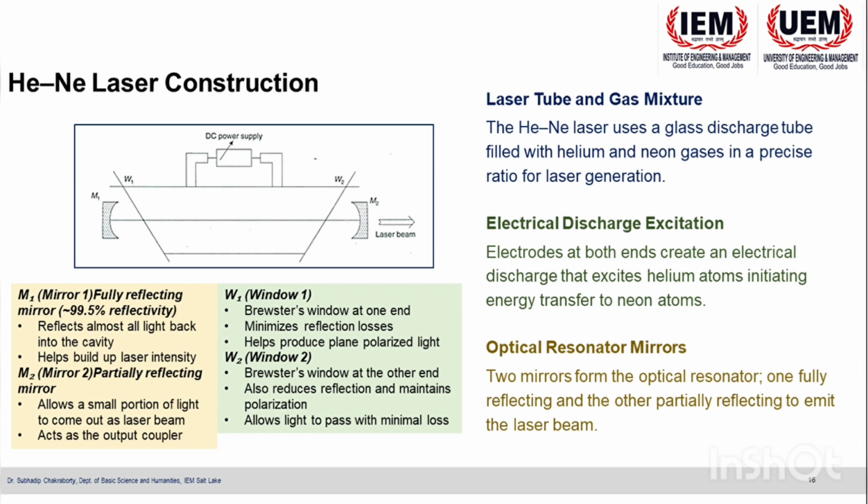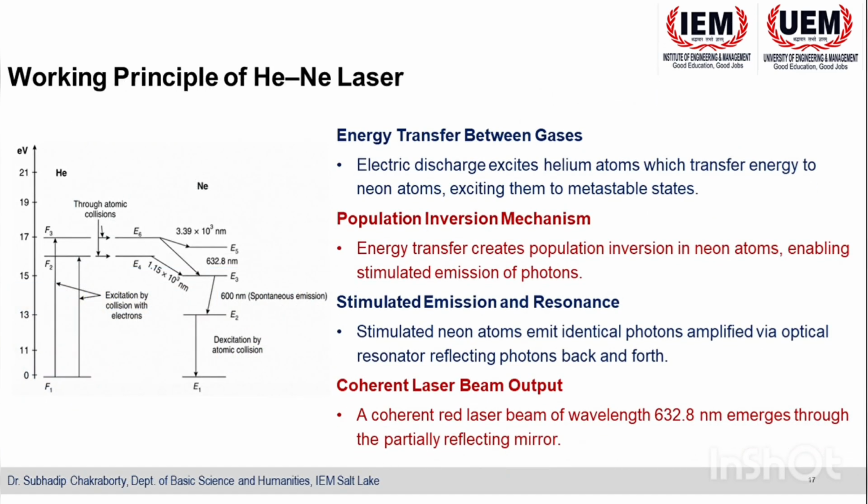Now, let us understand the working principle of the HeNe laser. When high voltage is applied across the discharge tube, energetic electrons collide with helium atoms and excite them to higher metastable energy states.